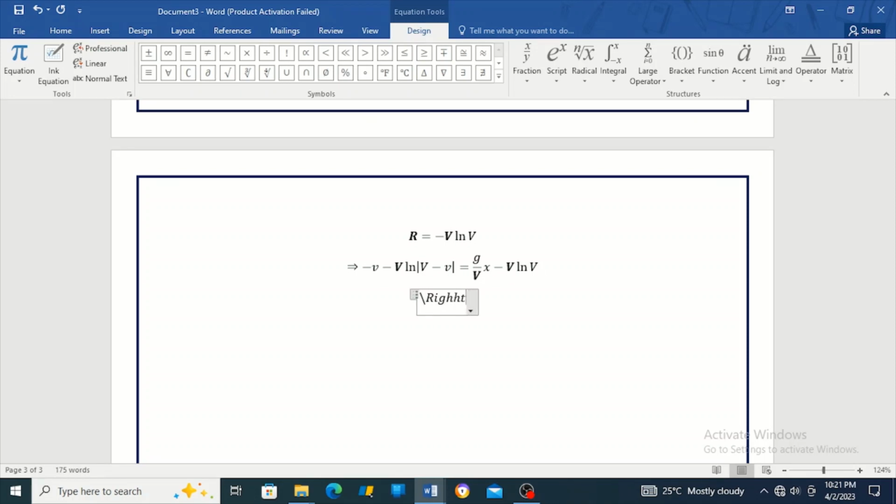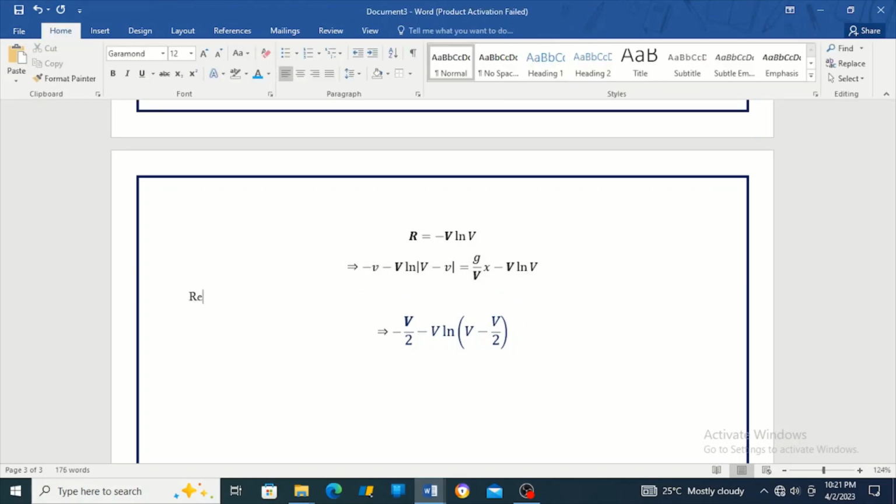So this means that our V on 2, then we need to put a negative sign in front of it, minus capital V times the ln of capital V minus capital V on 2. We are replacing small v with V on 2.